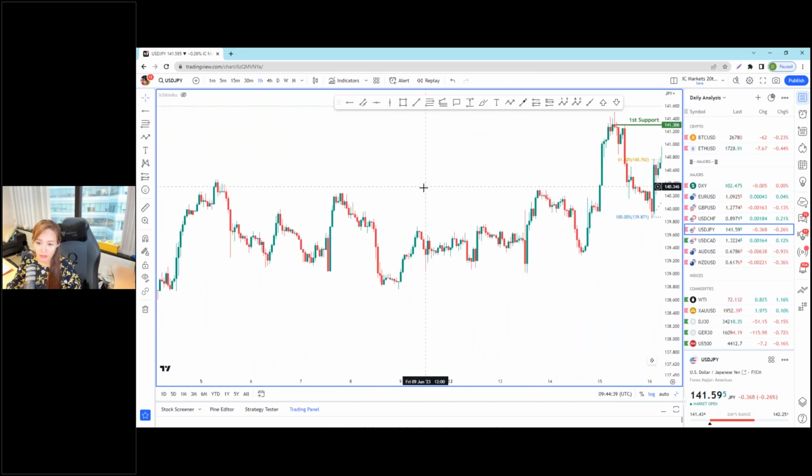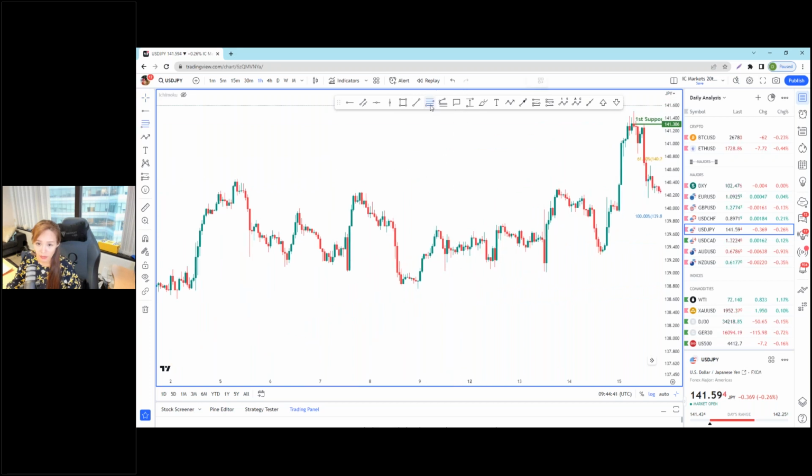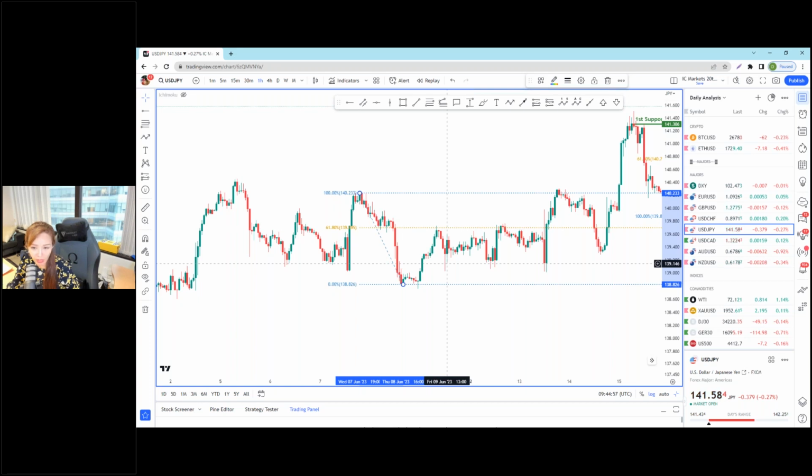What about on a downtrend? Your starting point is always 100, ending with 0, and then you can see the price retraced at least 61.8% and then it reversed. This is the correct way to draw Fibonacci.